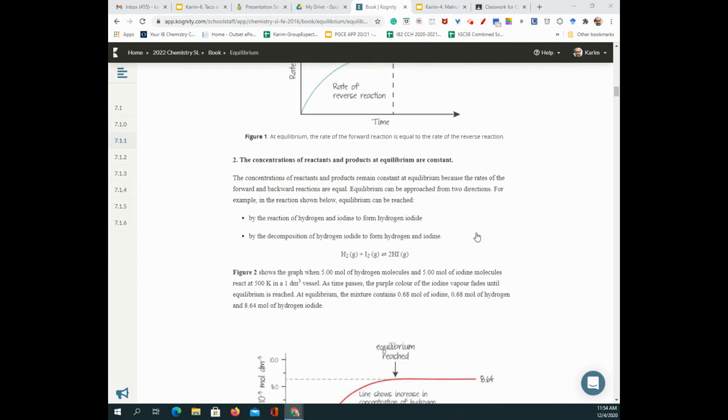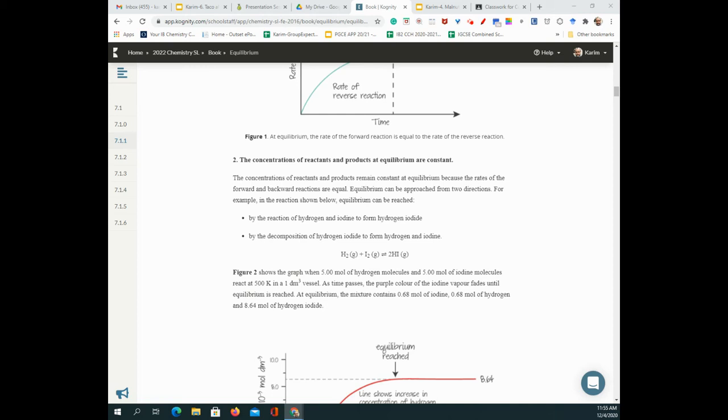All right, now the concentrations of reactants and products at equilibrium are constant. Okay, that is very, very important to remember. The rates of the forward and backward reactions are equal, so that will take us to the equilibrium.